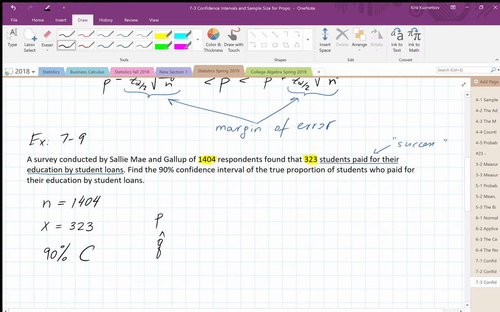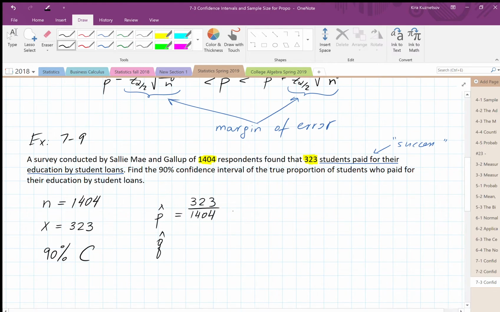Sometimes, instead of find the p hat, they might say find the point estimate of the confidence interval. So the p hat is constructed by taking the number of people that answered yes to your question and dividing by the number of people that were asked the question. So I'm taking out my calculator. 323 divided by 1404.